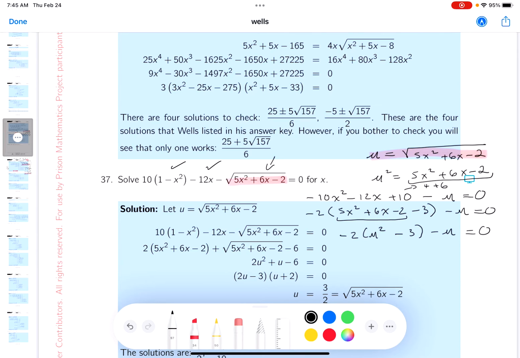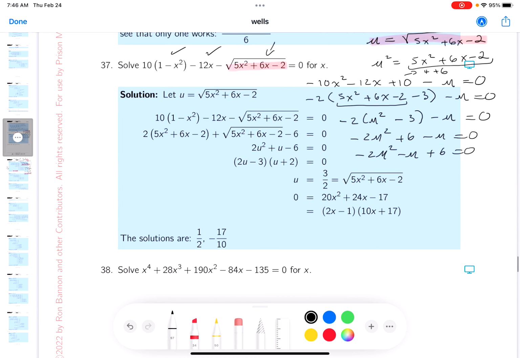When you get over here, minus 2u squared plus 6 minus u equals 0. I'm going to continue to rewrite this to make it look more familiar to me. I multiply both sides by minus 1, just because I don't want the coefficient on the u squared to be a negative. So it's going to be 2u squared plus u minus 6 equals 0.